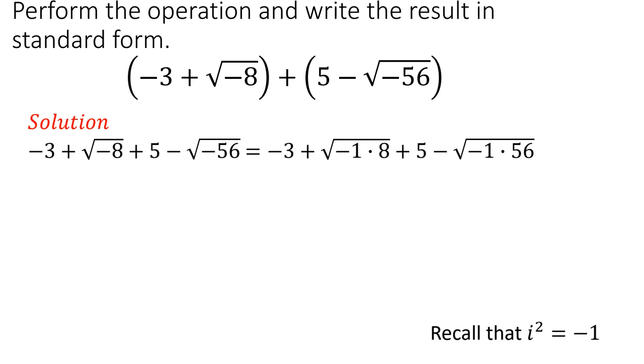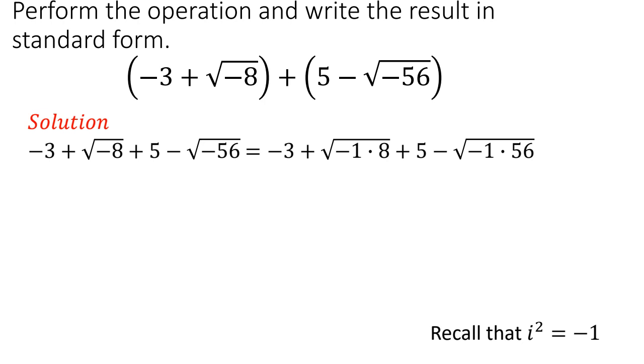And the reason why I want to do that is because I know that if I have the square root of negative 1, that's going to give me the i. And the same thing with this negative square root of 56. I want to separate that into a product of negative 1 times 56. Again, because the square root of negative 1 is going to give me that i.